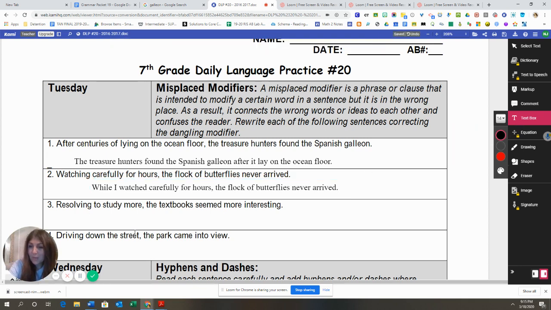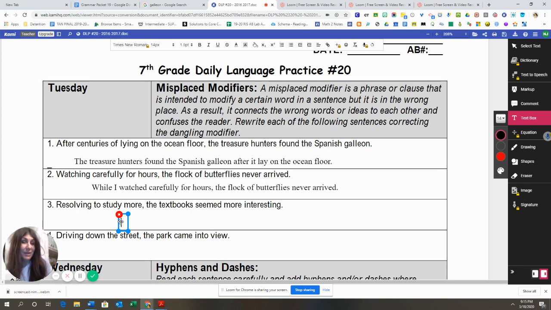Okay, let's do another one. Resolving to study more. Who? Who is resolving to study more? The textbooks? The textbooks seem more interesting. How could I reword this so that the person who actually came to this conclusion is part of the sentence? Well, I could do it two ways. I could start with me after I resolved to study more.